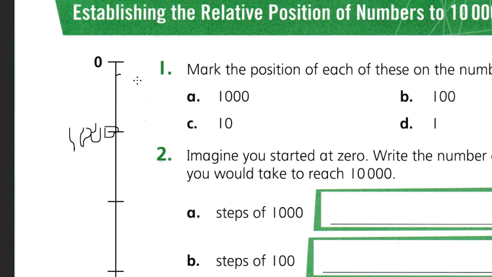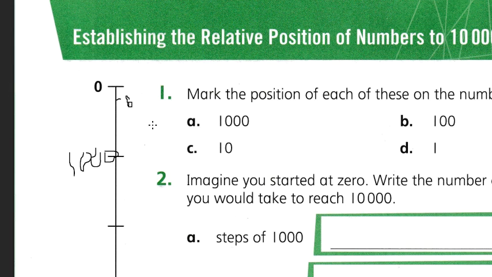So we're just going to write a little b here. B. And then C is tens. So again, that'll be even smaller. C. And then 1 would be very small, and that would be D.